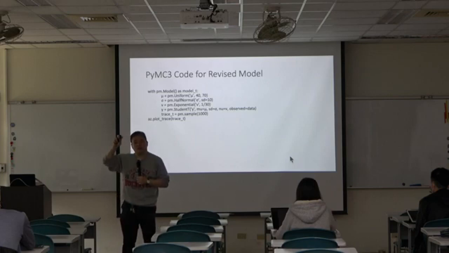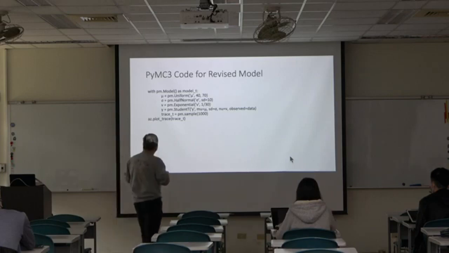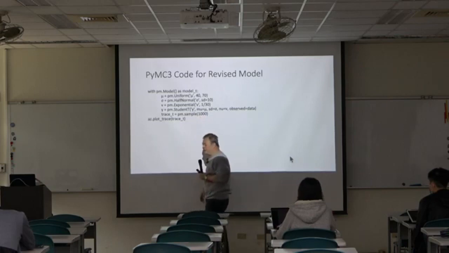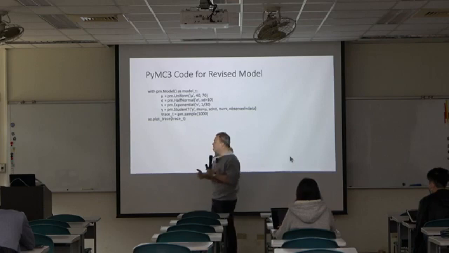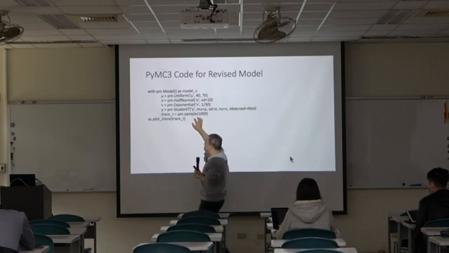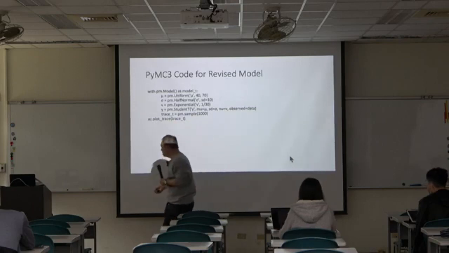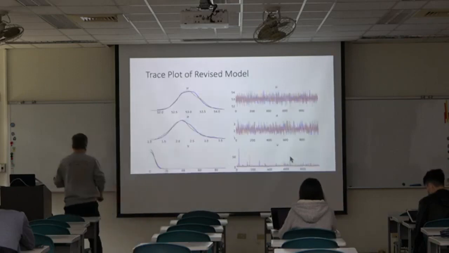Here, model T uses the Student's t-distribution. Then we use the sample method to generate 1,000 samples for each chain, and how many chains depends on how many cores you have. We store that trace in trace T, and then we plot this trace. The result is going to be like this.